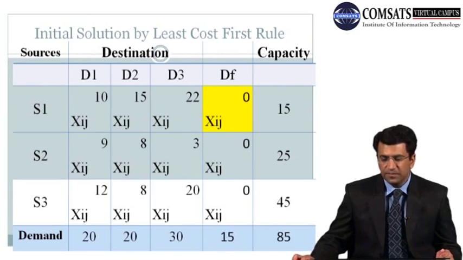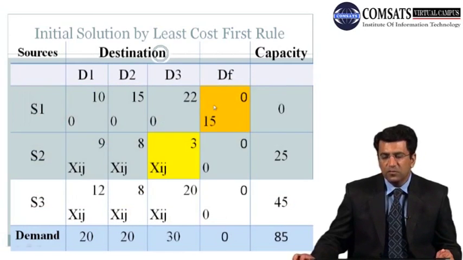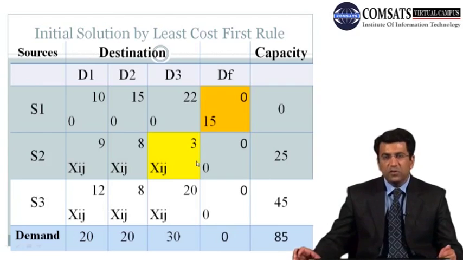So class, following this rule, this is the 15, and here it becomes 0, and this column total will also be 0, because this particular demand and this supply source have now been exhausted. Exhausted means it has reached the full of its capacity.